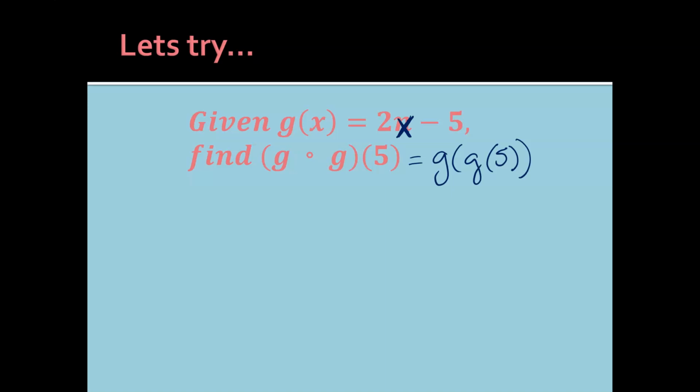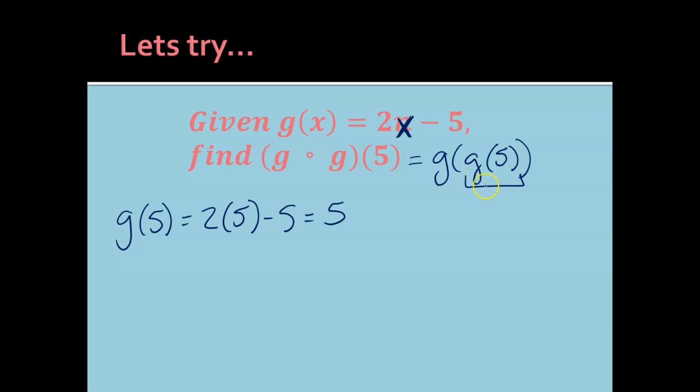So again, start inside out. So I'm going to start with g of 5. So let's first find out what g of 5 is. I'm going to replace all the x's with 5. So I'm going to say 2 times 5 minus 5, and that's going to give me 5. Okay. Then, well, I guess you're going to evaluate the same number. That worked out interesting.